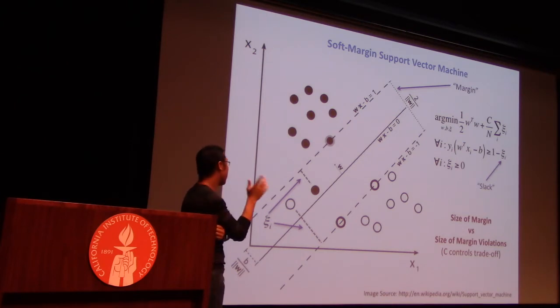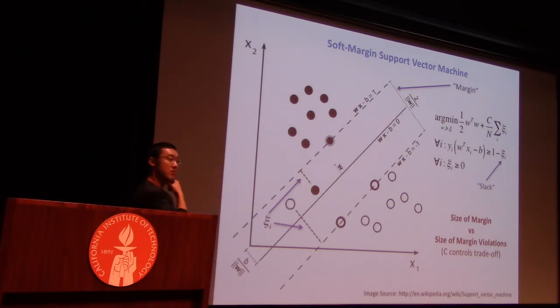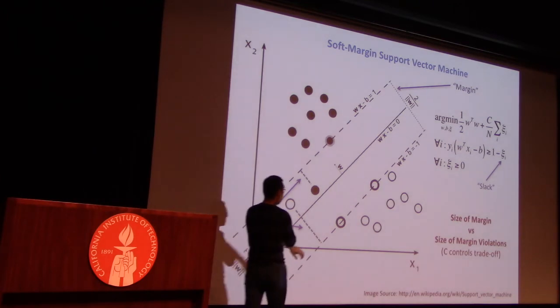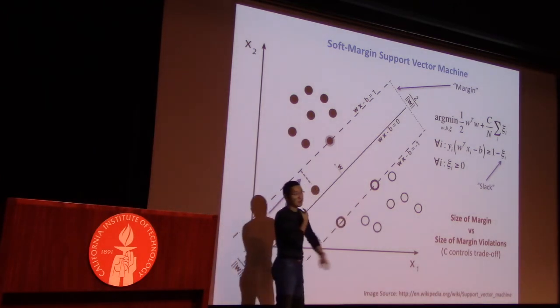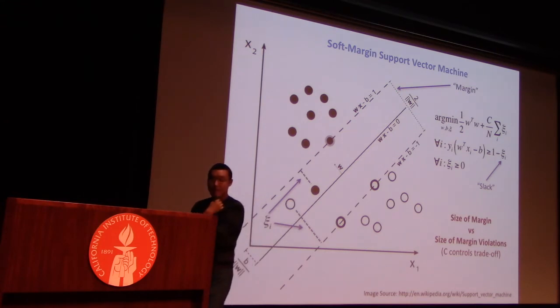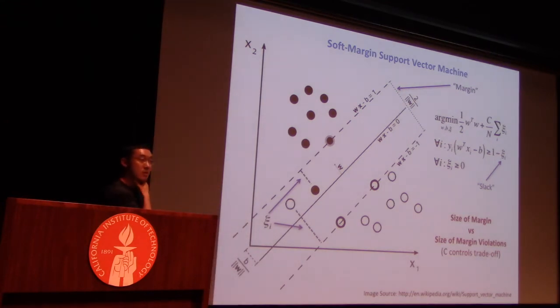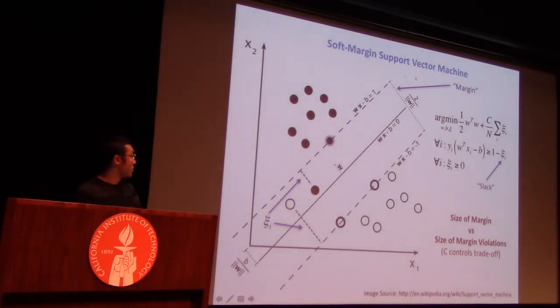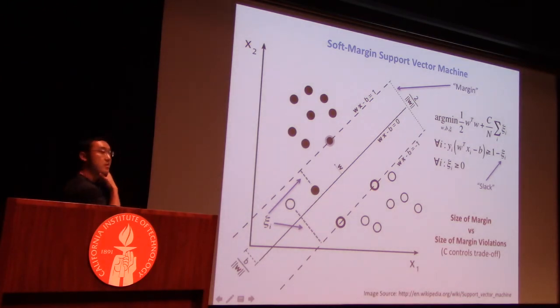I think I cannot be 100% certain, but I think the answer is no. In the non-linearly separable case, there does not need to be points that lie exactly on the margin. You do need at least one positive, one negative point whose constraints are tight, which achieves equality. But I don't believe you need points that lie exactly on the margin. I don't believe so, but I'm not 100% sure.